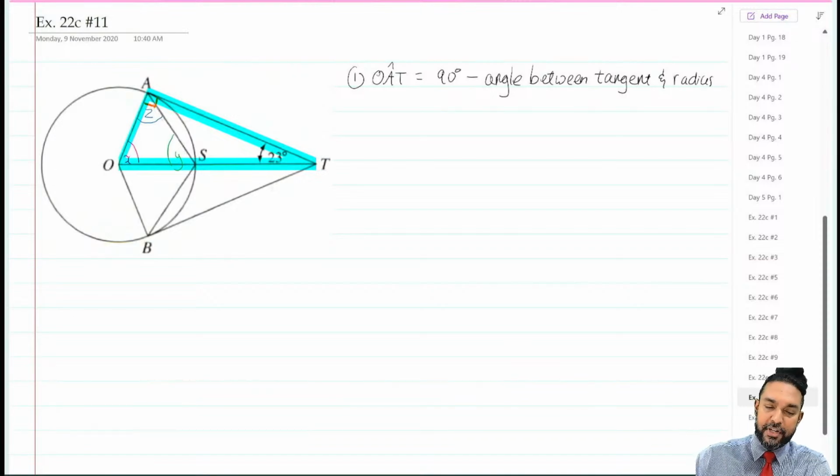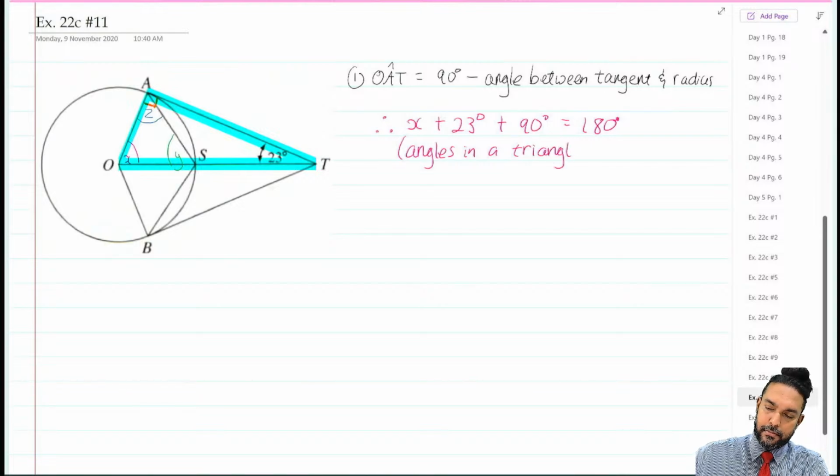Which means that we could find x, because if you take x and you add 23 and you add 90, we get 180 degrees, because the angles in a triangle sum to 180. Which means that x is equal to 180 minus 113 degrees, which means 67, yeah?